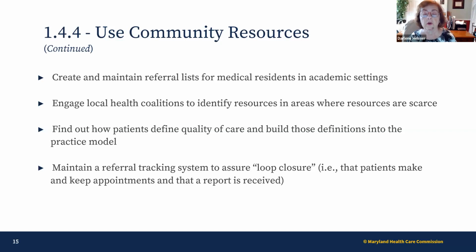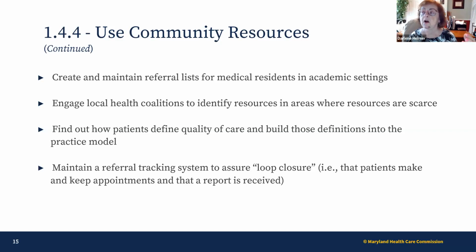Engage in local health coalitions to identify resources in areas where those resources might be scarce. You may practice in a section where they don't have the kind of resources that they need, and you can coordinate with some resources where those are scarce.